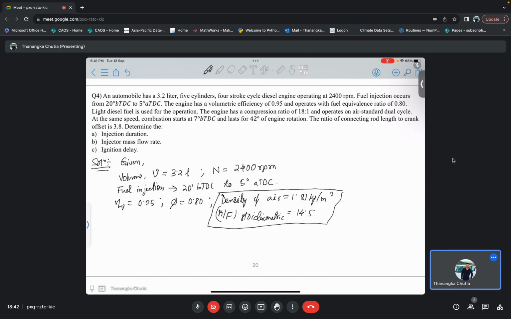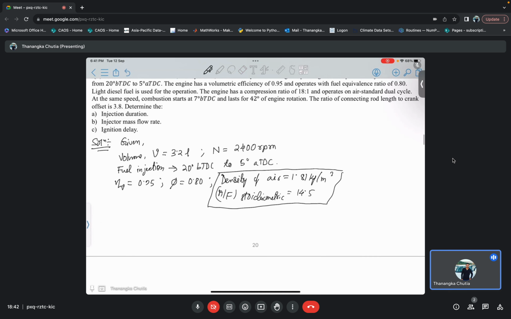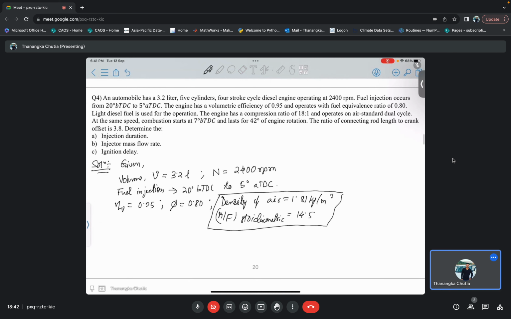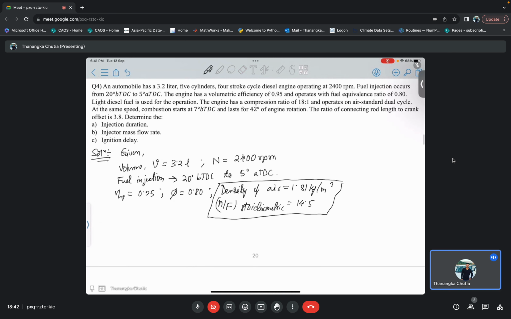Okay, now this is a 3.2 liter 5 cylinders. Okay, there are 5 cylinders, so whatever volume is given, this volume is for the total number of 5 cylinders. So first of all, we will do this by calculating the displacement volume of one cylinder.